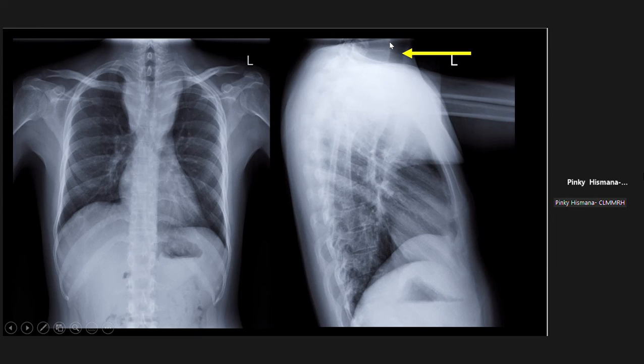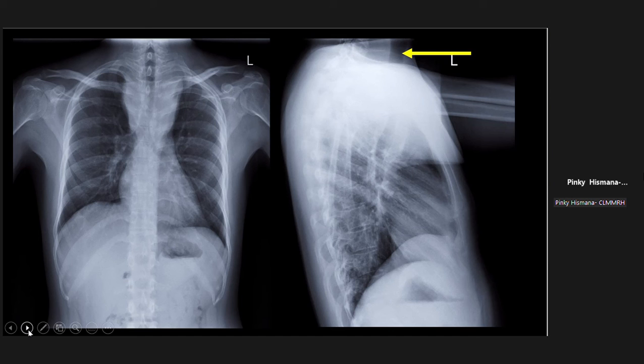Ideally, the space between the trachea and your spine would be equivalent to just one vertebra. If you place another vertebra here, it exceeds the size of one vertebra. So this prevertebral space is widened. That means the problem here is not necessarily at the sides, but also posterior to your trachea.